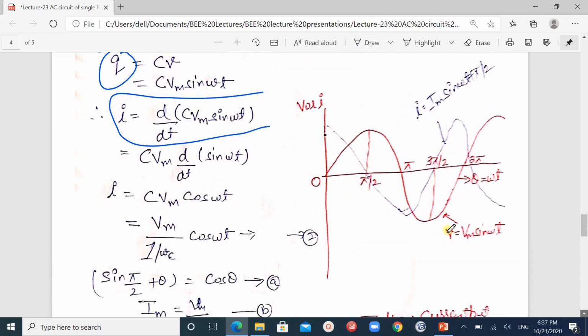When we solve this equation, it will become C Vm d upon dt sine omega t, and the derivative of sine omega t is cos omega t.